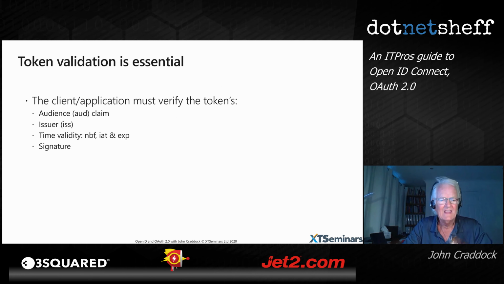So rather than disable the signing, they disabled the signature validation, and the actual app's been shipped like that. That's a huge security vulnerability, and you really need to check that tokens are being validated correctly.